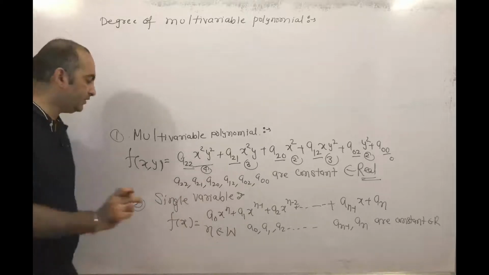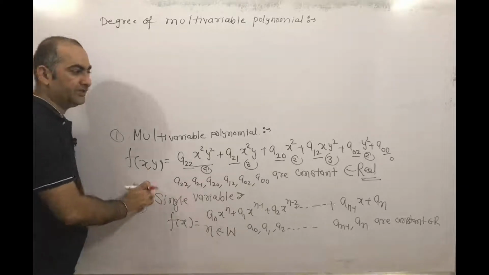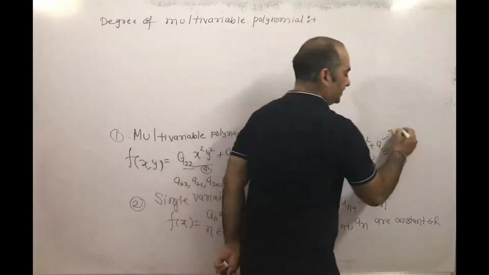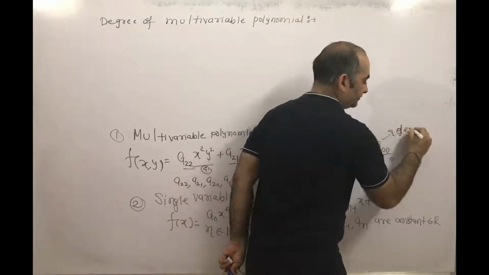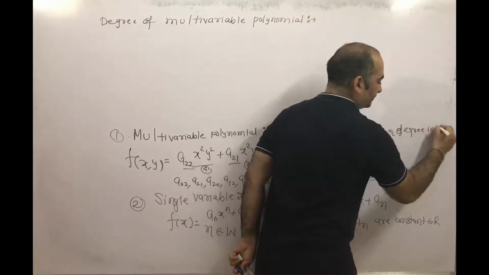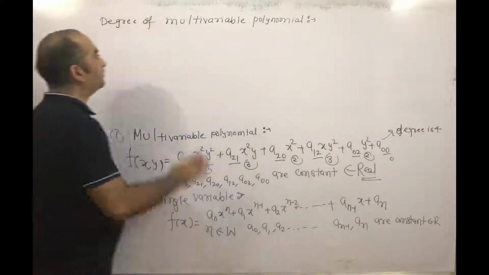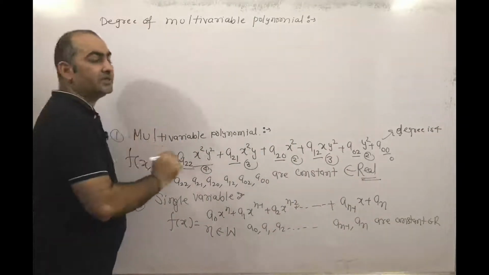So we can say degree of this polynomial is 4. Okay, so how to define degree of multivariable polynomial?